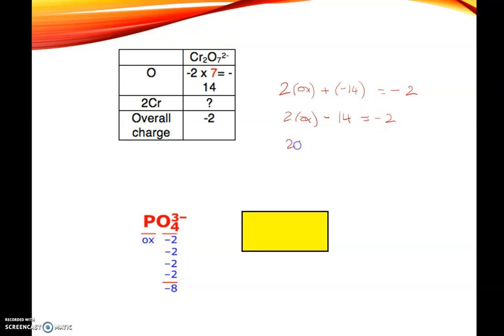Add 14 to both sides. Divide both sides by 2. And we get that our chromium oxidation number is equal to +6.